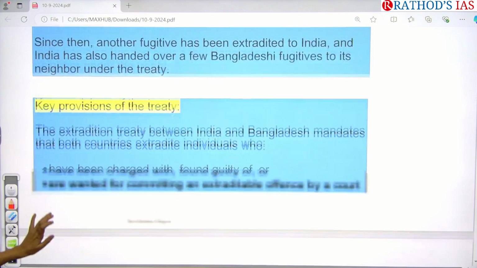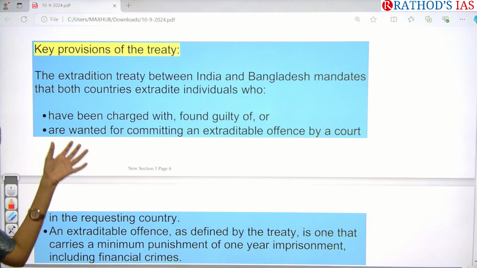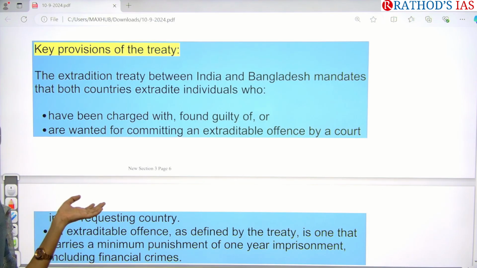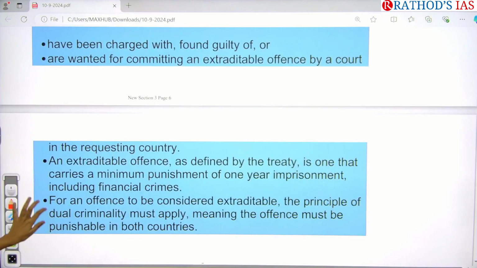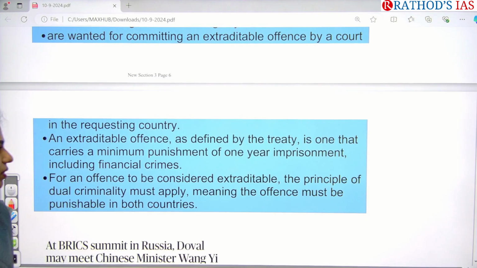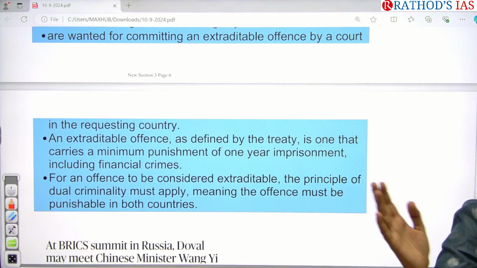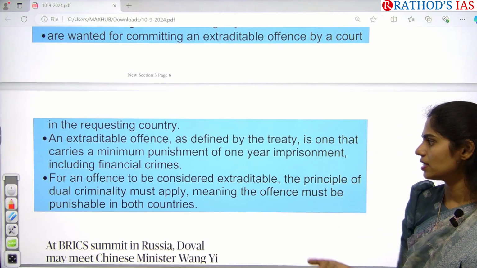So what are the key provisions of this treaty? The first one is the person who is charged with any crime or found guilty. For example, if he is any criminal wanted by the court, and if any offense is committed, then whenever extradition happens, both countries have to consider that offense as a crime.